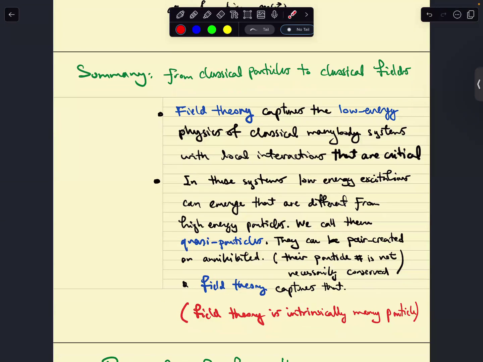Field theory is a formulation which is inevitable every time you have phenomena that involve particles annihilating and being pair created out of nothing, or just due to some energy fluctuations. Every time you have that, the particle number conservation is no longer valid. So the particle picture falls apart, because the particle picture starts with a bunch of QIs, right?